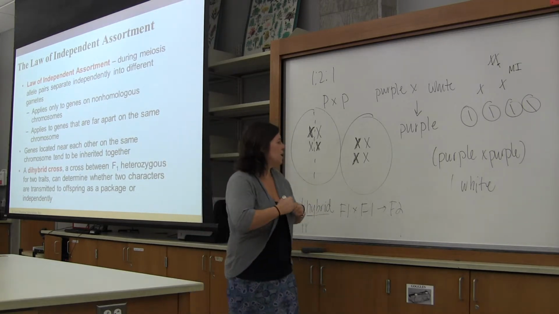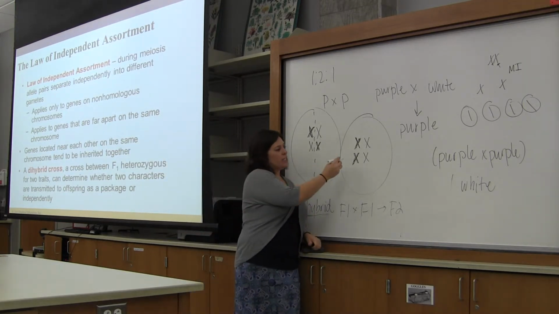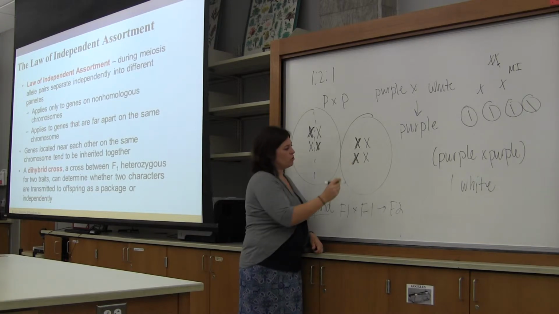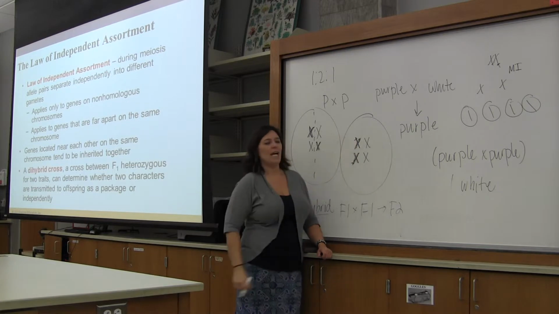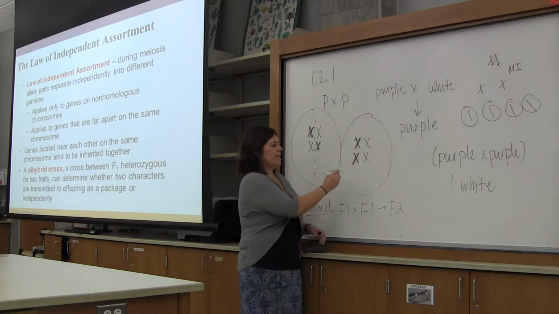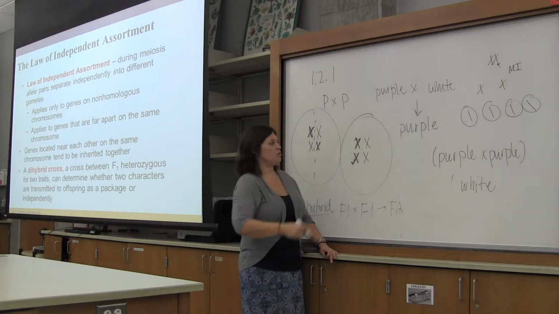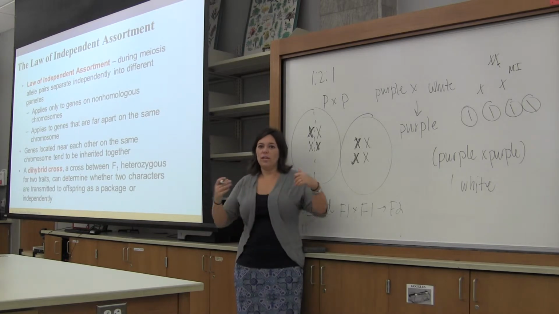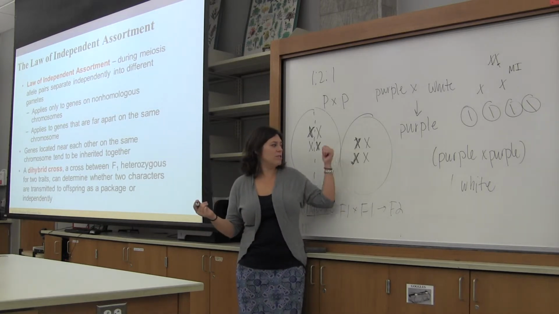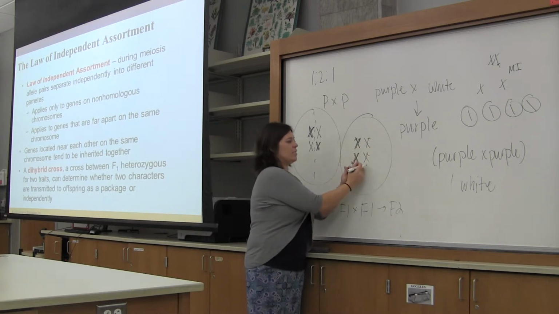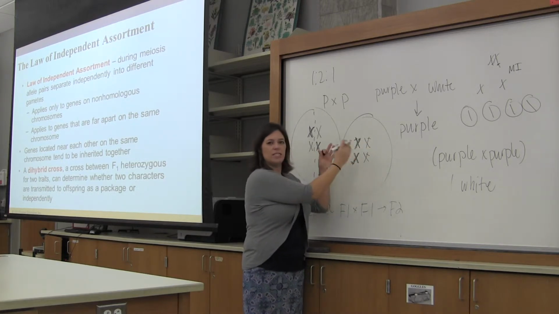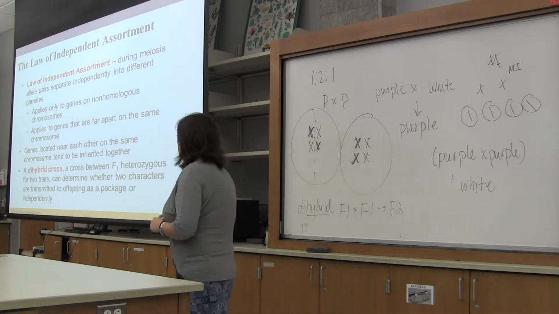So if you look at this chromosome right here, there might be a trait right there, and then this is a totally different chromosome and a trait right here. Each version of this trait is going to be separated during meiosis 2.